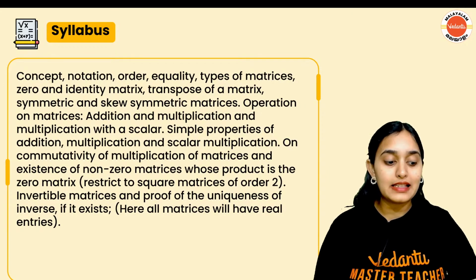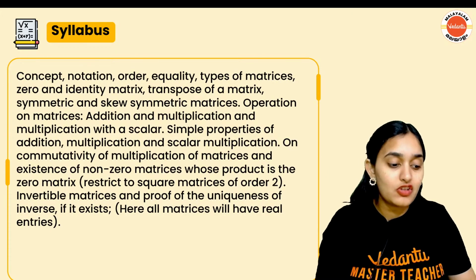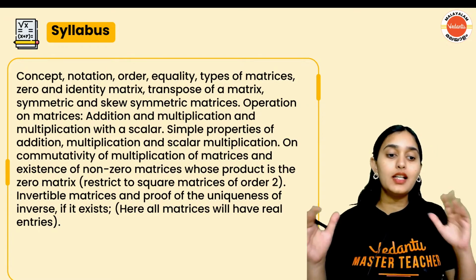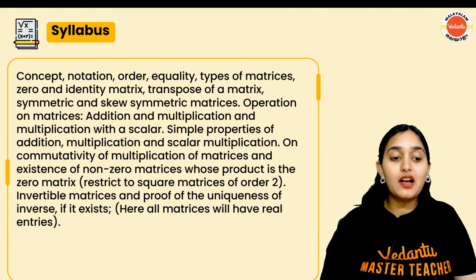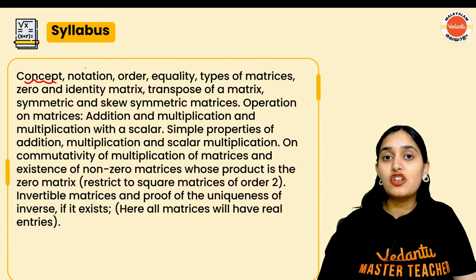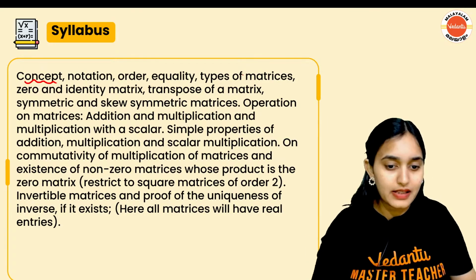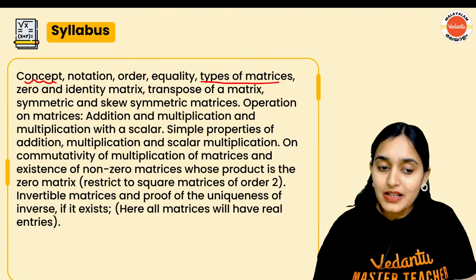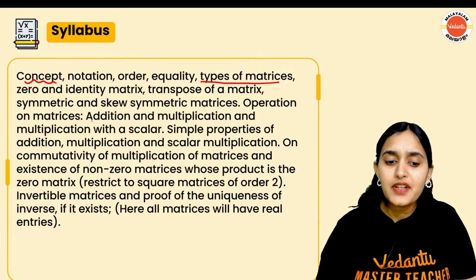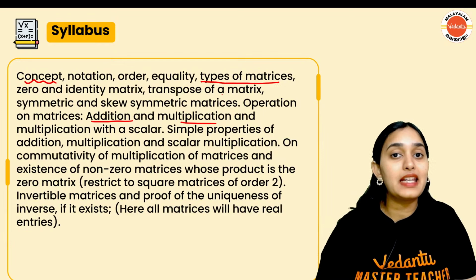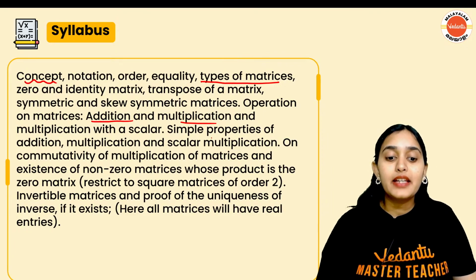First of all, let's discuss what the syllabus of this chapter is and what all you are going to learn here. Basically we will learn about the concept and notation of matrices, like what matrices are, why we use them, and the different types of matrices. Then we will learn about addition and multiplication of matrices and their properties.